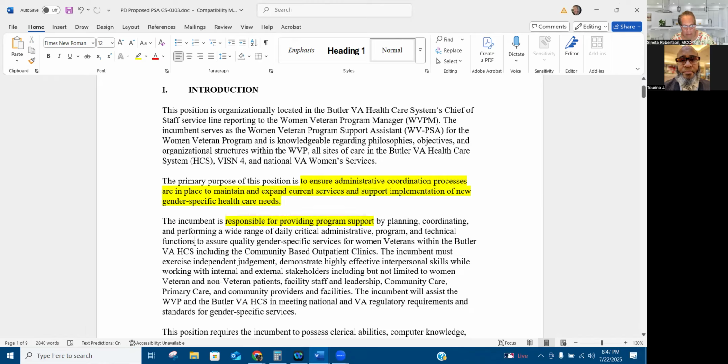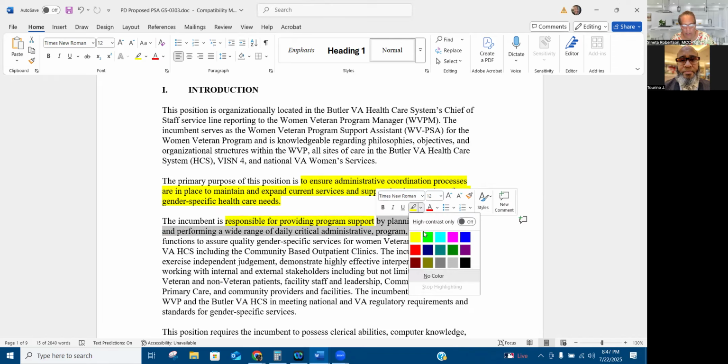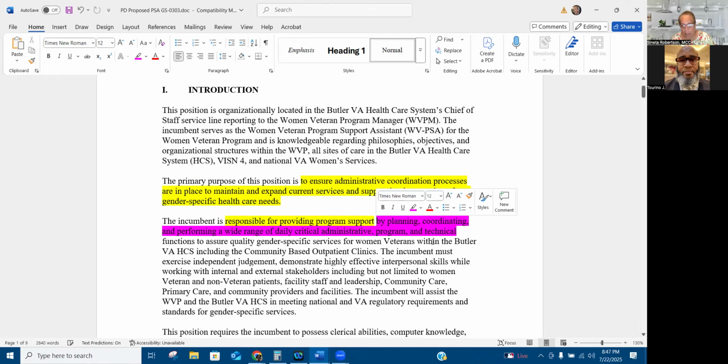Second sentence, performing a wide range of daily critical. The critical could speak to the level of the position, because that means they're not doing just basic stuff, right? Yes. You have to look at the words and think about them.